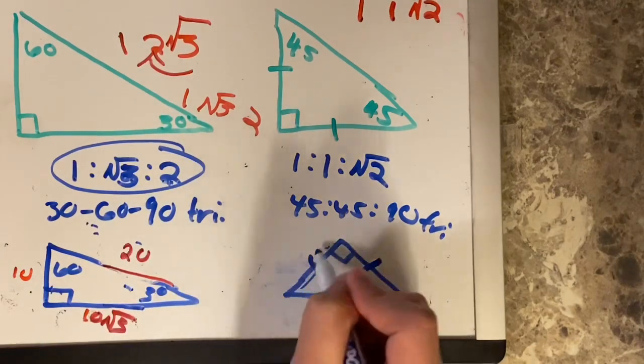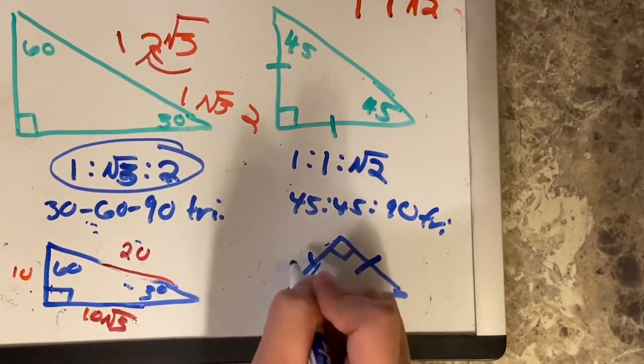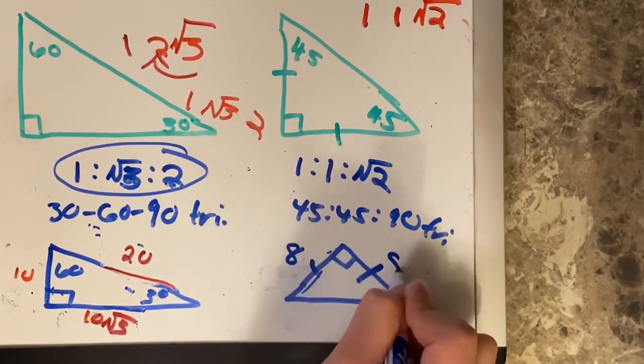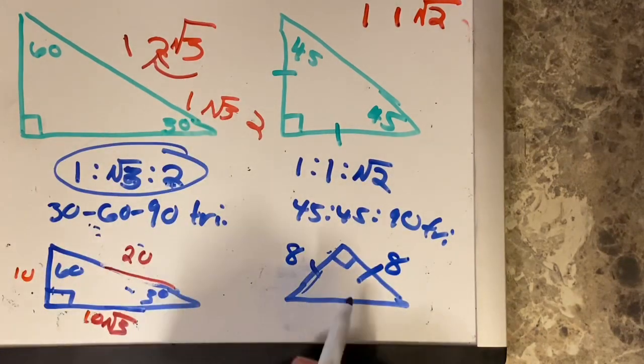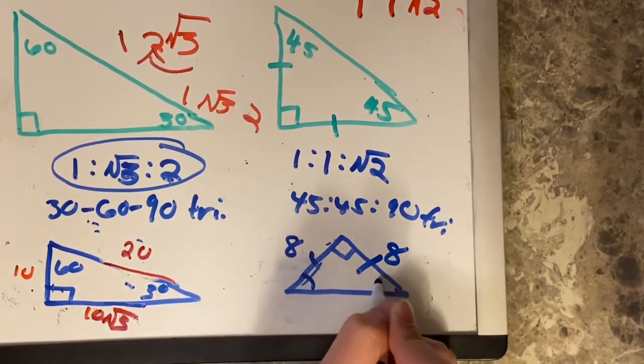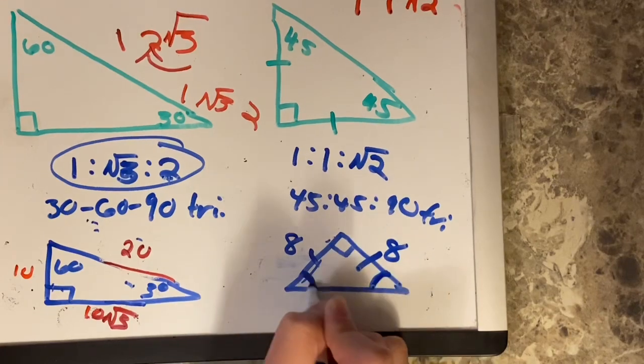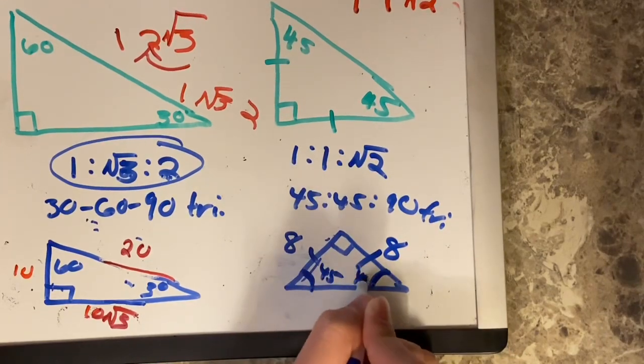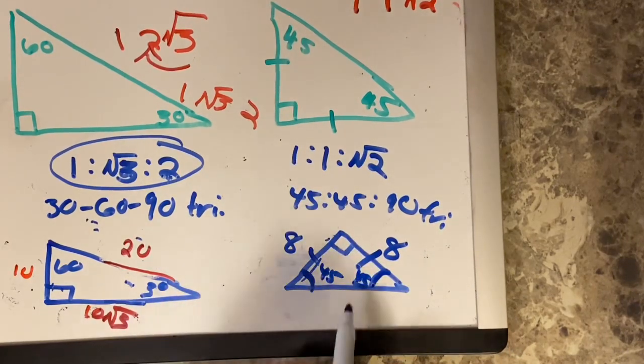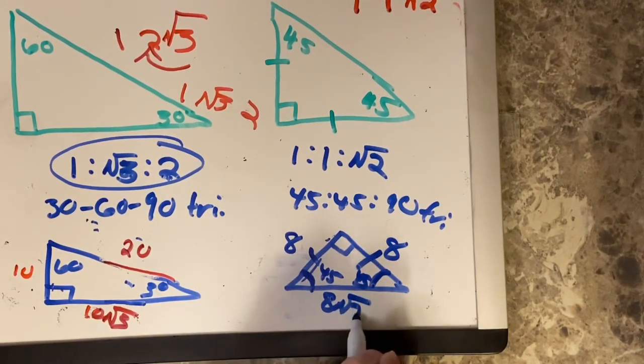So let's say these two sides have the length of 8. That means these two angles are the same, and they're 45 and 45. So this side will be 8 times the square root of 2.